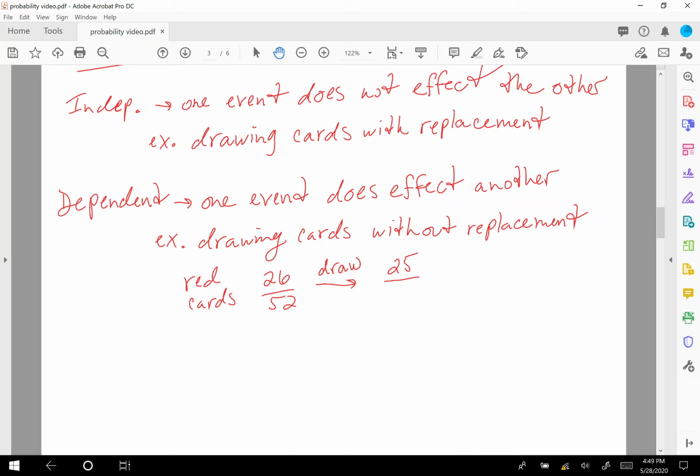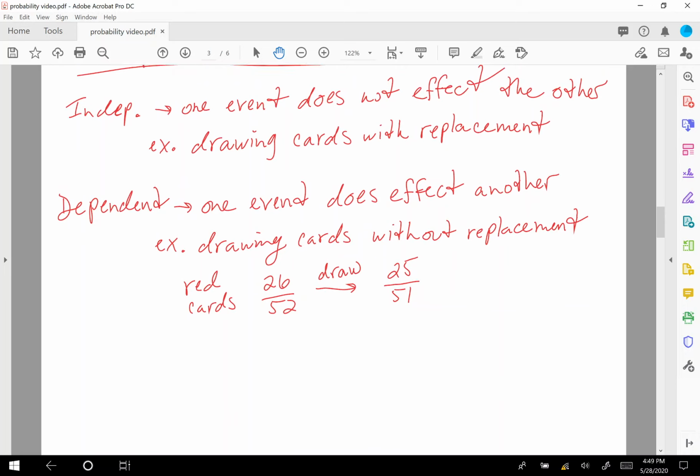If I don't put that card back, there were 52 cards, but now since I took one out, there's only 51. So do you see the probability of getting a red card went from 26 out of 52 to now being 25 out of 51? And those are different numbers. So dependent is when one event affects the next one.